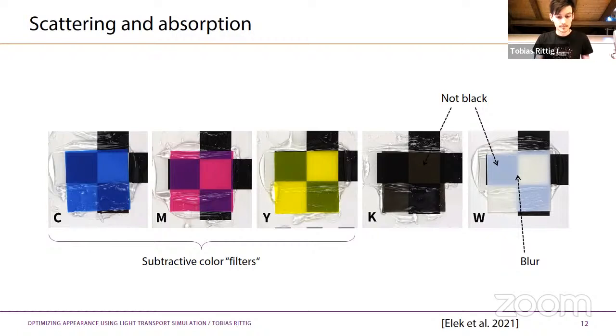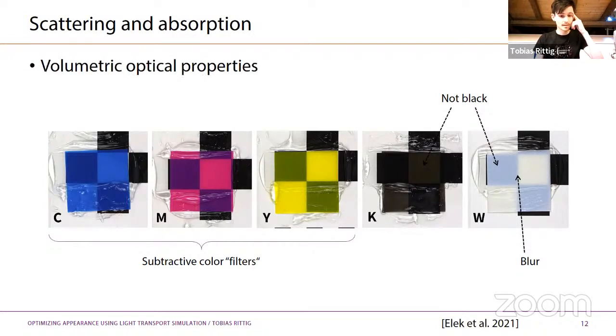And here also in the black material, we see another problem, that the black is not very opaque. Again, it's very translucent, and the white patch is actually shining through this black material, although we would expect it to be pretty opaque and black absorbing. So the gist is that these are volumetric optical properties, both scattering and absorption.